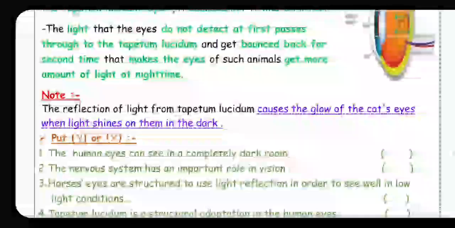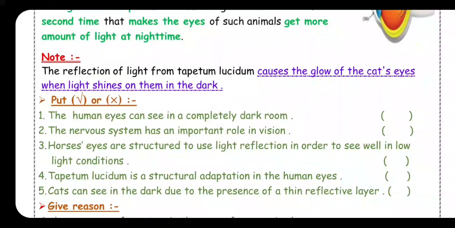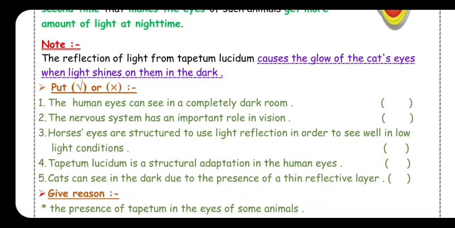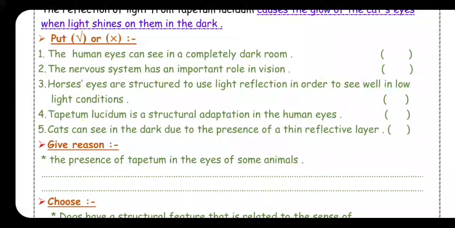Okay, so you have to know the reflection of light from tapetum lucidum is the reason for the cat's eye glowing or shiny or bright in the dark. So the reflection of light from tapetum lucidum causes the glow of the cat's eye when the light shines on them in the dark.